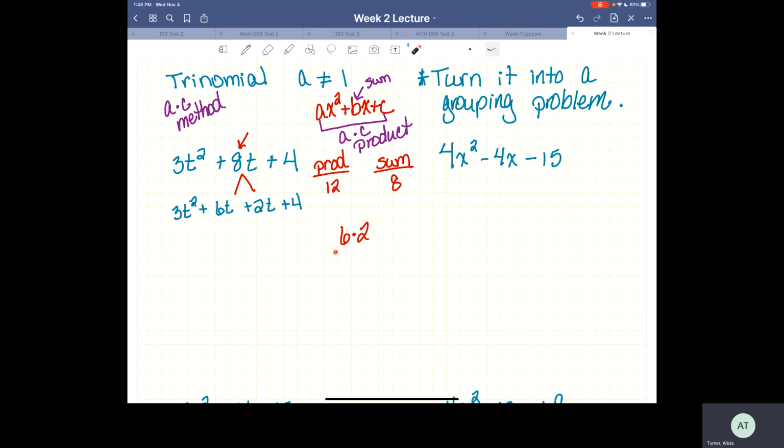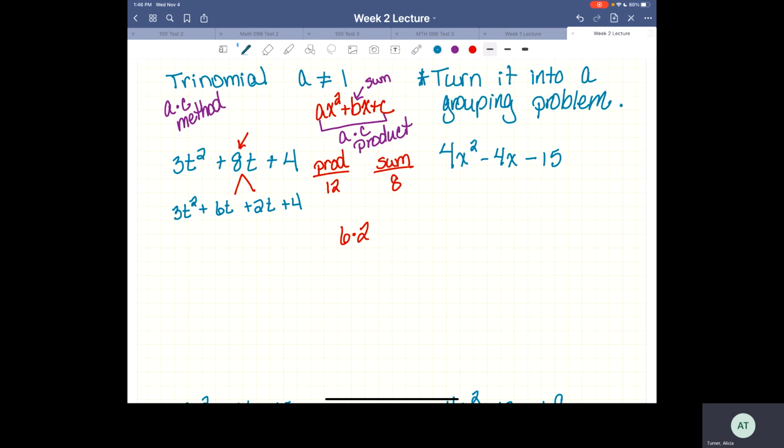The numbers that we found give me a product of 12 and a sum of 8, and I split it. 6t plus 2t is 8t. So I haven't changed the value. I've just split it.